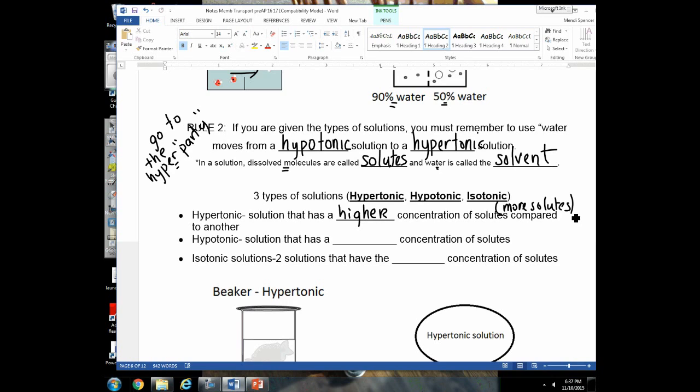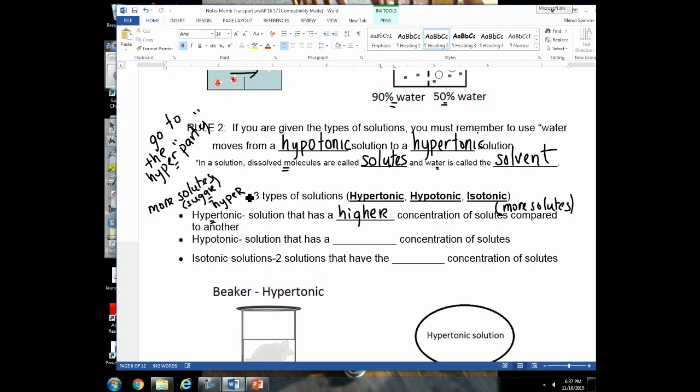It would be the one that is hypertonic. Now, to help you remember that, I like to think of that old wives' tale, that if you give kids a bunch of sugars, then they're going to be more hyper. So think of more solutes, like sugar. That's going to be the hyper one.